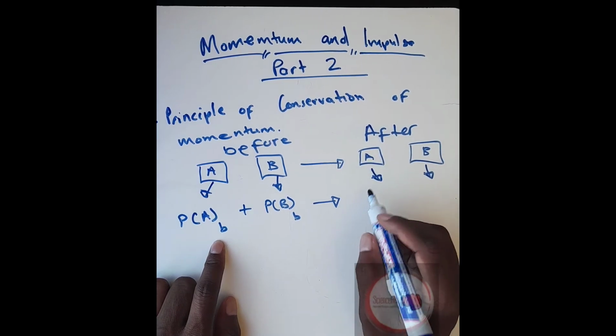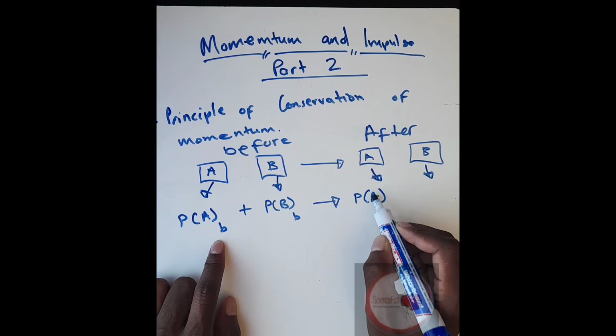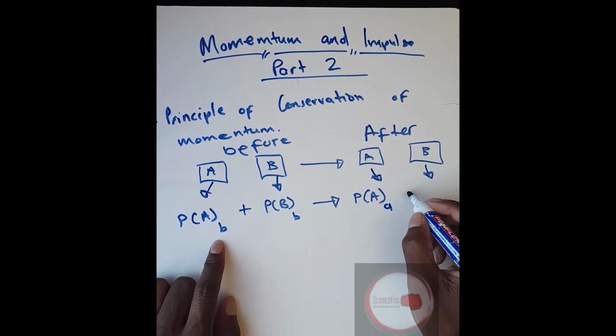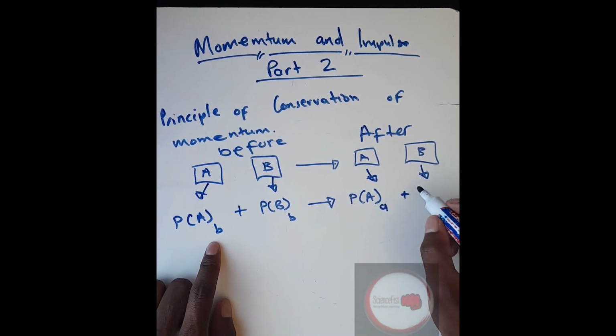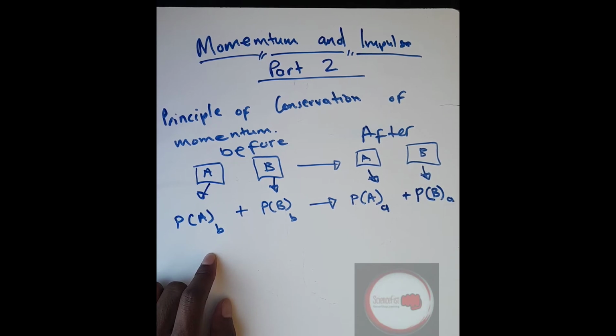Then here you write P for momentum, A for the object A, after for the after collision, and then you do the same here, P B for the object, A for the after, okay?